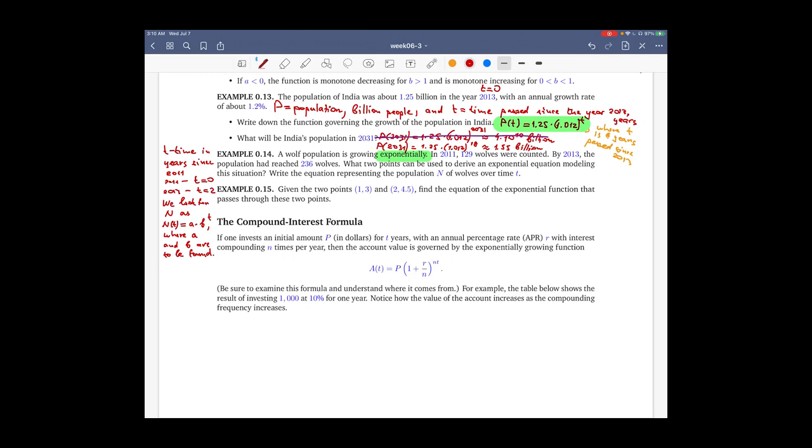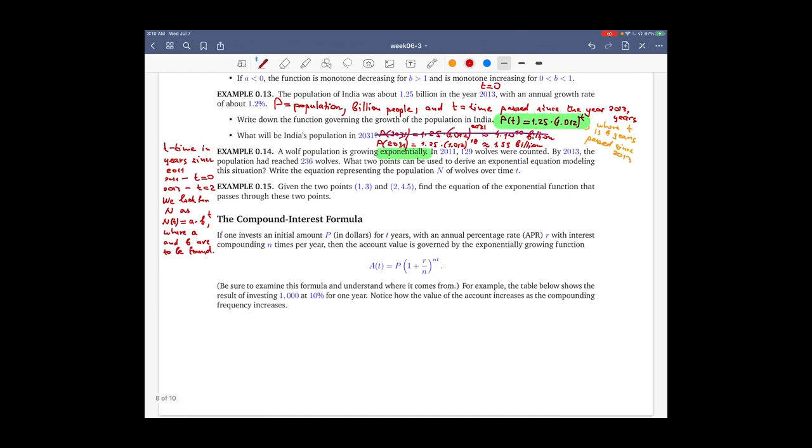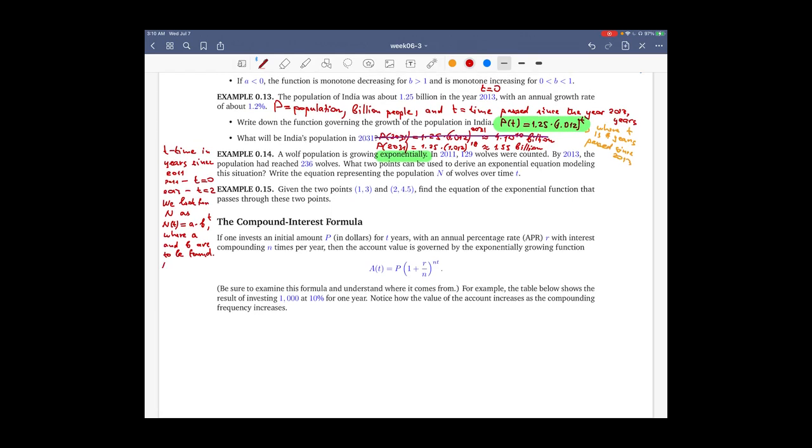What information can we use to find a and b? We can use the fact that n at 0, 0 means 2011, is 129. The other piece of information that we can use is that n at 2, 2 is 2013, is 236. So what can we do with this information?